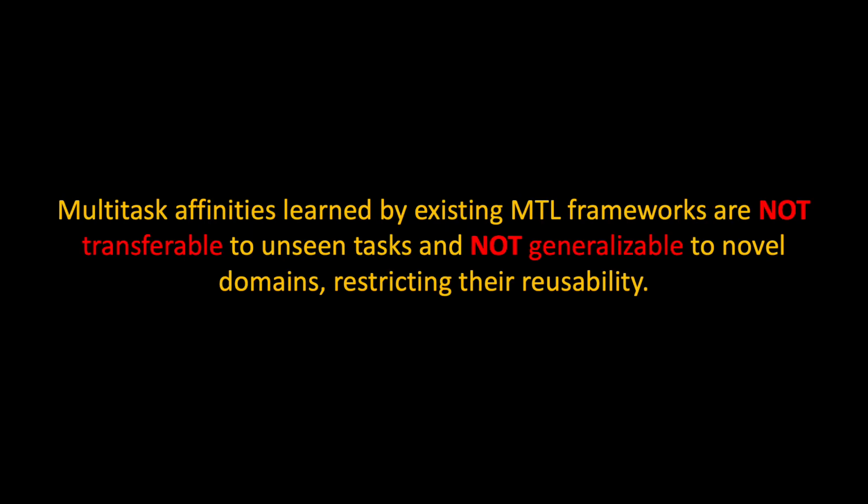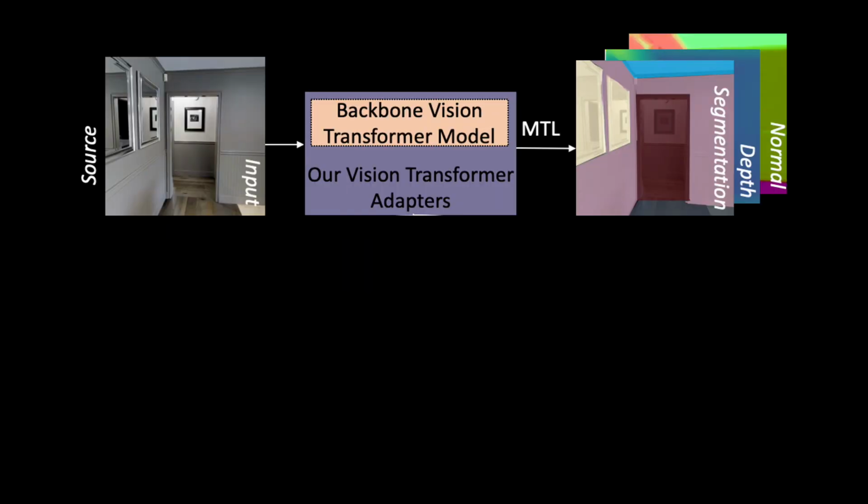The problem we address over here is that multitask affinities learned by existing MTL frameworks are not transferable to unseen tasks and not generalizable to novel domains, restricting their reusability. To solve this issue, we introduce Vision Transformer Adapters for Generalizable Multitask Learning, an automated framework that can learn transferable and generalizable task affinities, which can adapt to new tasks or domains in a parameter-efficient manner.